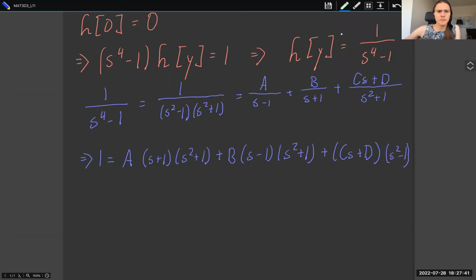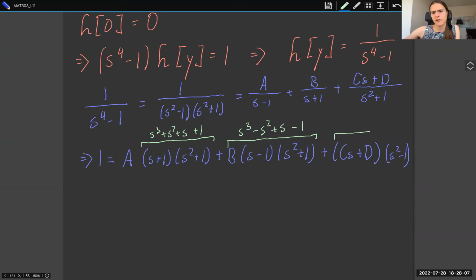And then let's just simplify these expressions. So we can see that this is going to be s cubed plus s squared plus s plus 1. The cross terms don't combine because there's an s squared and there's an s. This is going to be s cubed. Then if we look at the s squared term, it's going to be minus s squared plus s minus 1.